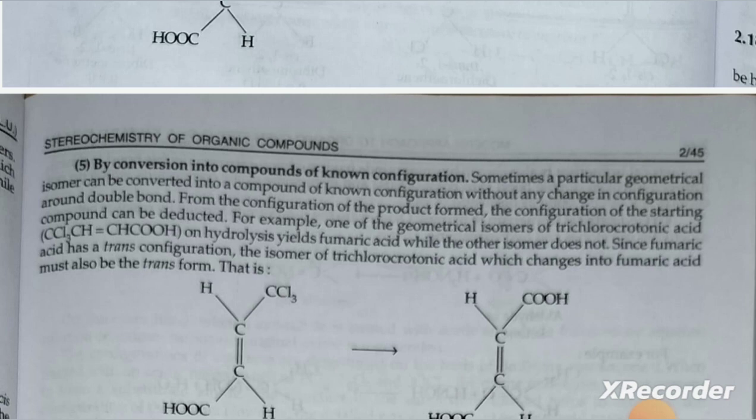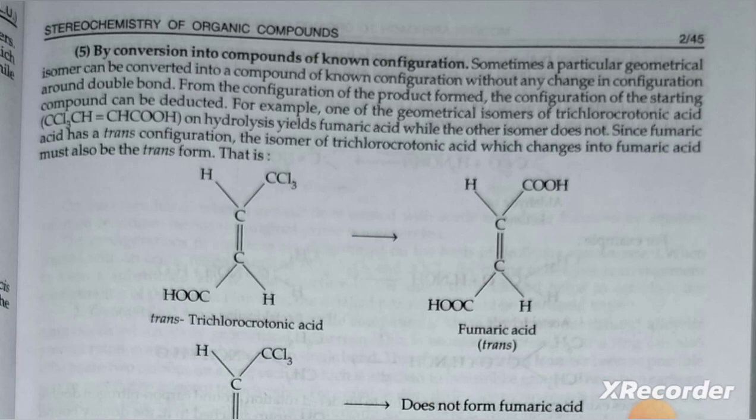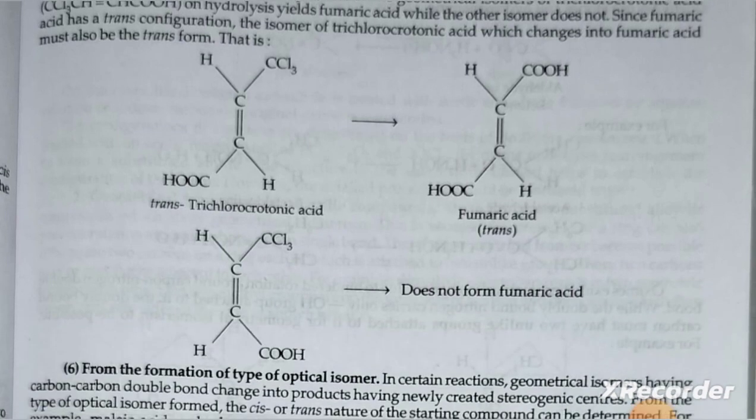Since fumaric acid has a trans configuration, the isomer of trichlorocrotonic acid which changes into fumaric acid must also be the trans form. That is, trans trichlorocrotonic acid gives rise to fumaric acid, and the other form of trichlorocrotonic acid does not give fumaric acid.